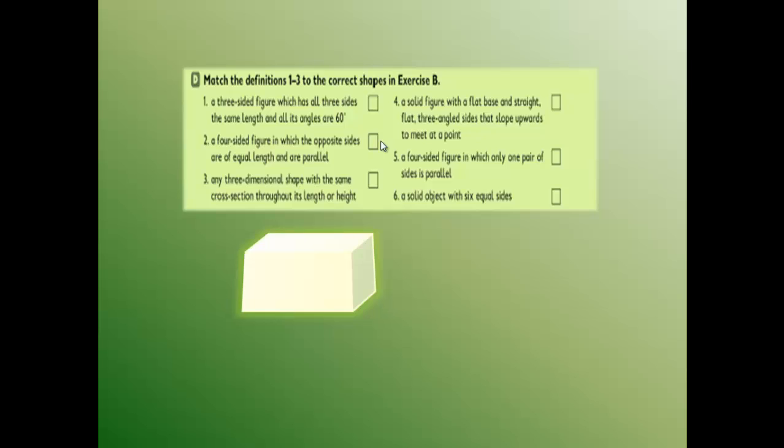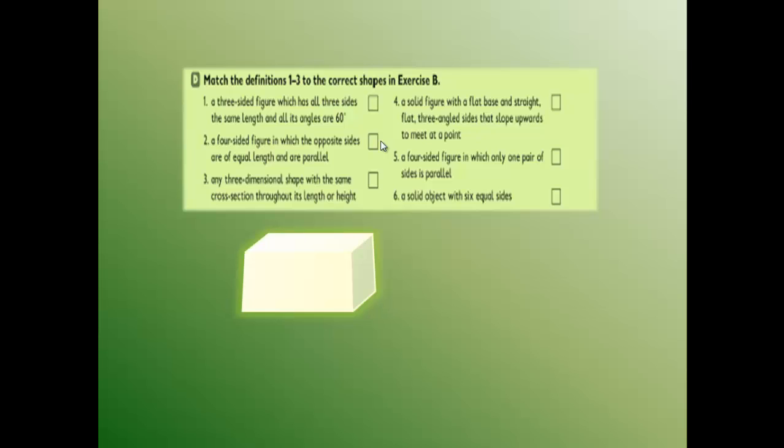Number 5, a 4-sided figure in which only one pair of sides is parallel. Here we are talking about trapezium. We can match it to trapezium in the previous exercise.